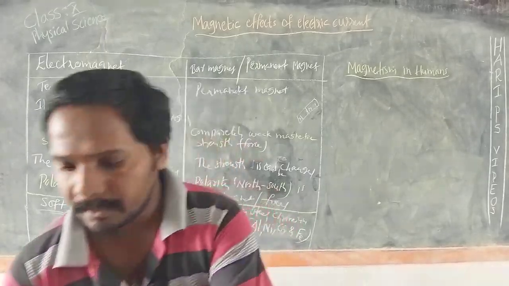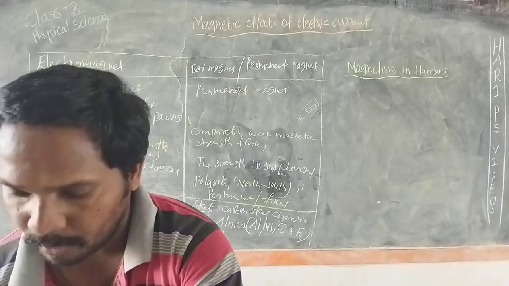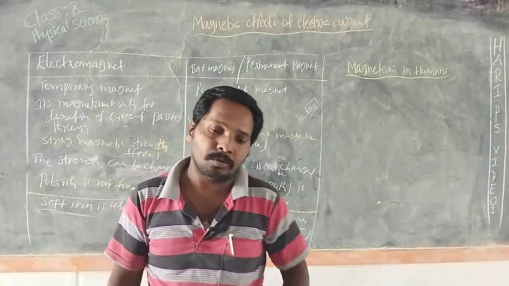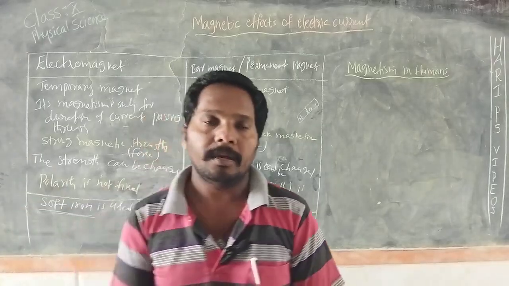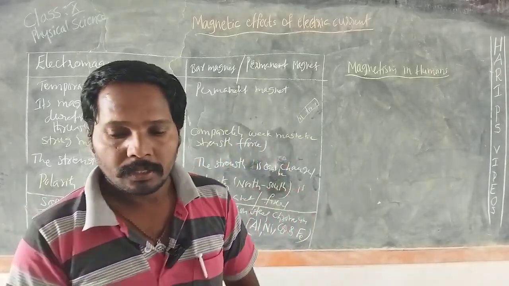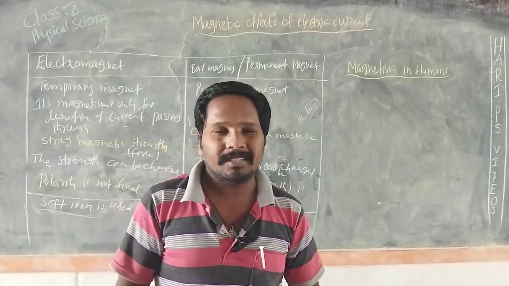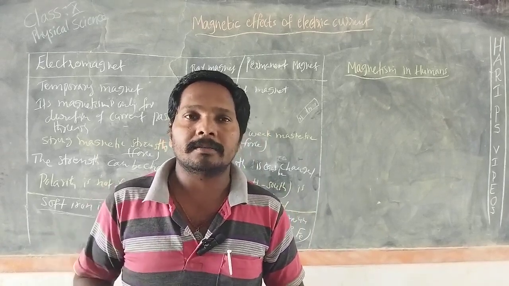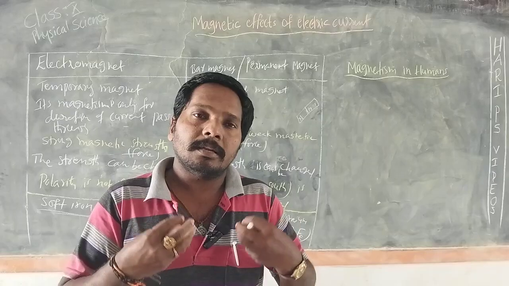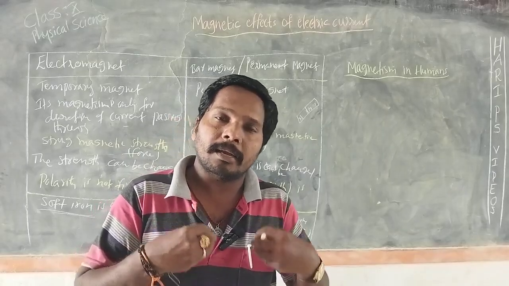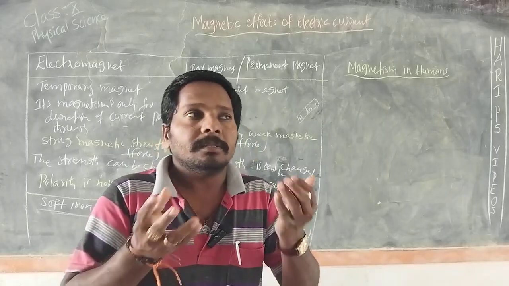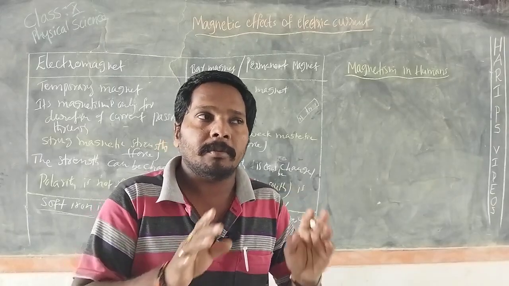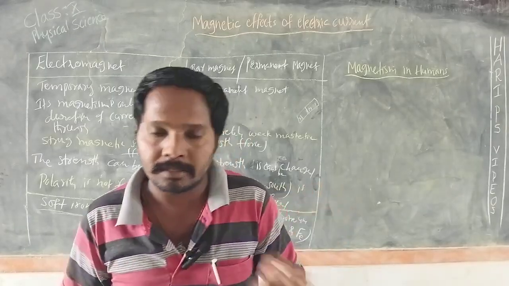The magnetism produced in the human body is very weak when compared to Earth's magnetism. These simple ionic currents create a little magnetism inside our body.